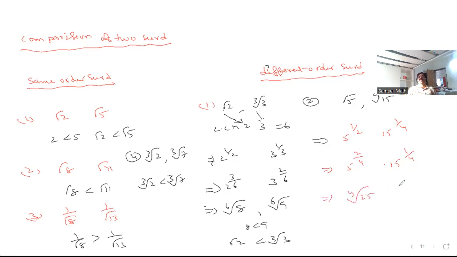This is the fourth root of 25 and the fourth root of 15. Clearly, 25 is greater than 15. So the fourth root of 25 is greater than the fourth root of 15, or you can say that root 5 is greater than the fourth root of 15. Make the order equal, then compare the radicand. You can easily get the answer. I discussed two cases here.